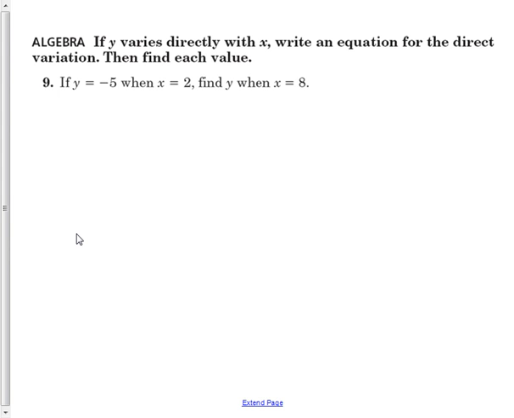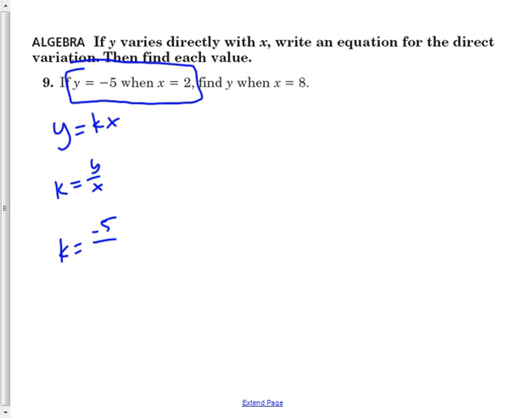Okay, so there's a couple different ways you could think about this here. Remember, our equation for direct variation is y equals kx, or k equals y over x. Okay, and so what they're doing here is they're giving us one of the two direct variations. So k equals negative 5 halves.